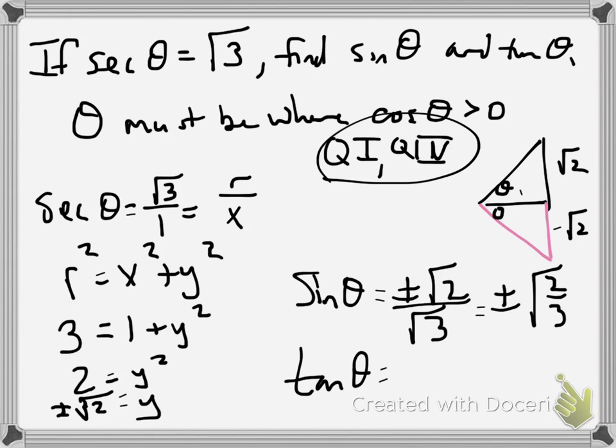Tangent is going to be y, which could be either positive or negative root 2, over x, which has to be positive 1, so plus or minus root 2 is the value of tangent of theta. And again, we can have two answers, because given the fact that secant is positive, we have two different possible thetas. One that lies in the first quadrant and another one that ends in the fourth quadrant.